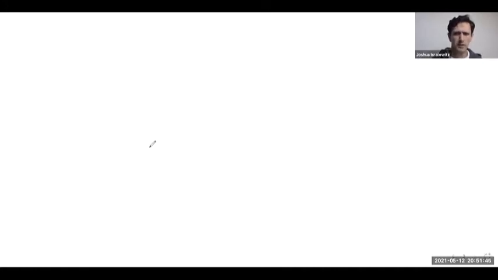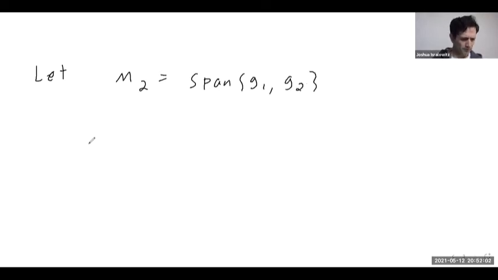All right, so let's just repeat. I'll just do one more and then write down what happens if we just keep going and going. Let's say M2 is the span of G1, G2. Certainly M2 is an invariant subspace of T, because these both are eigenvectors with corresponding eigenvalues lambda 1, lambda 2.